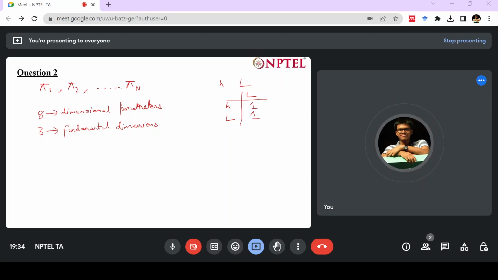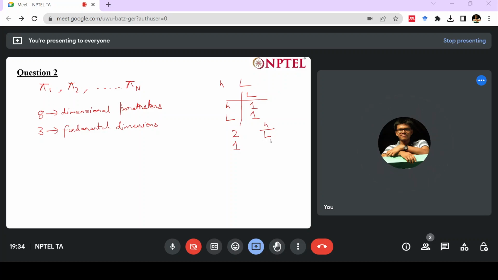So it's 1 and 1. In this case, dimensional parameters is 2 and fundamental dimension is 1. So how many terms can I form? Only one. I will use this L coefficient, put that in my H, and see the value I am getting. You can easily see in this particular case it is H by L.